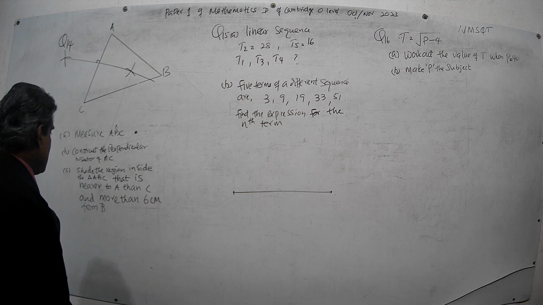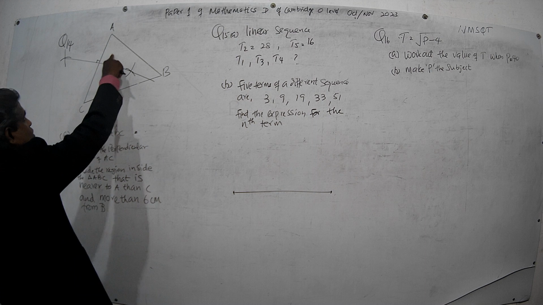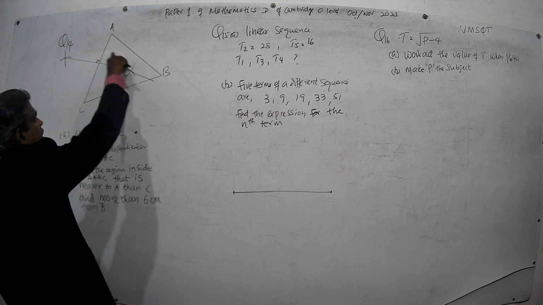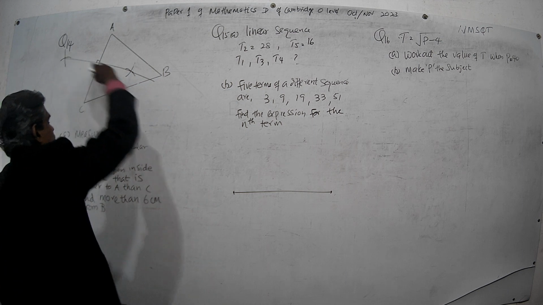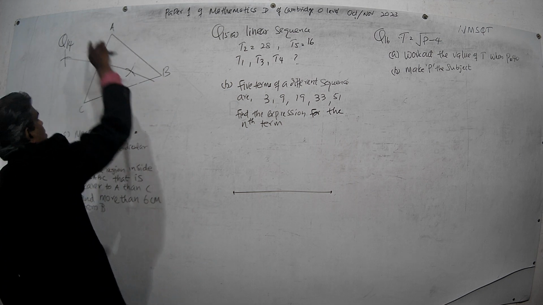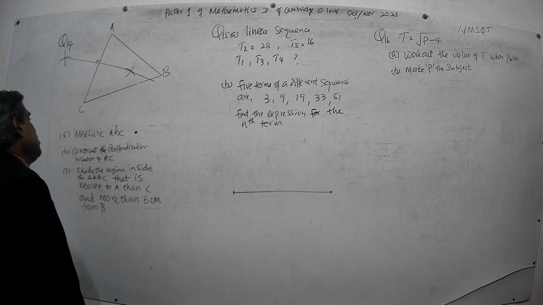But nearer to A means you have to put it somewhere in this region, the region above this perpendicular bisector. Here, everywhere it is nearer to A than C, right?